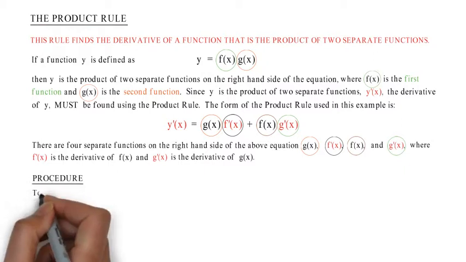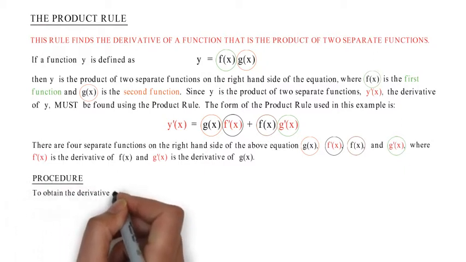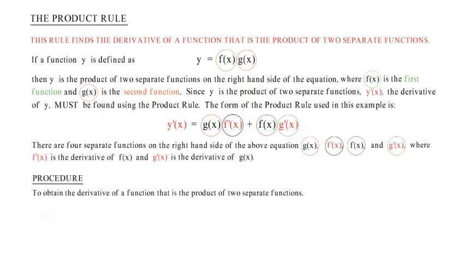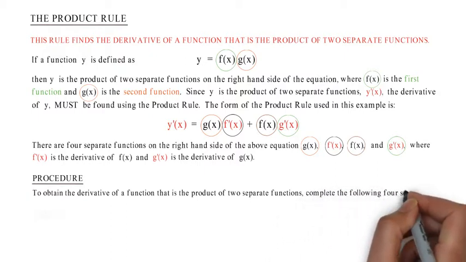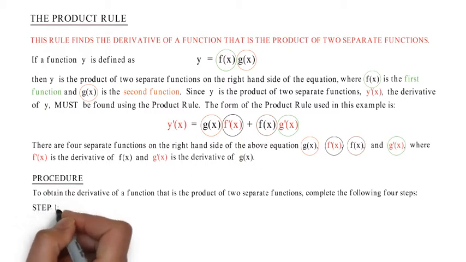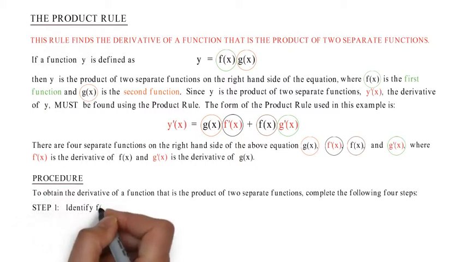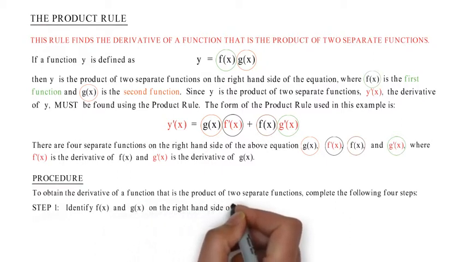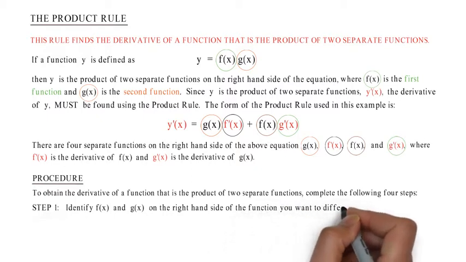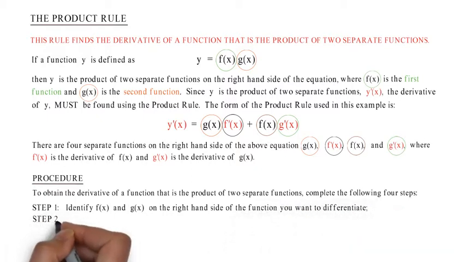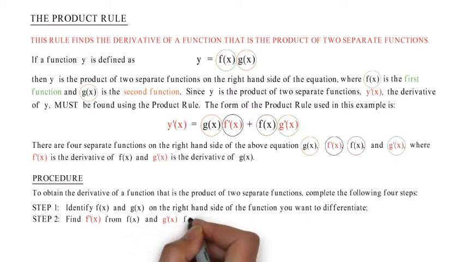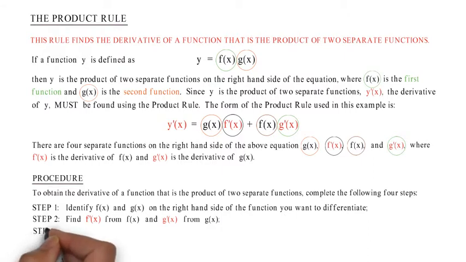Procedure. To obtain the derivative of a function that is the product of two separate functions, complete the following 4 steps. Step 1. Identify f(x) and g(x) on the right-hand side of the function you want to differentiate. Step 2. Find f'(x) from f(x) and g'(x) from g(x). Step 3.